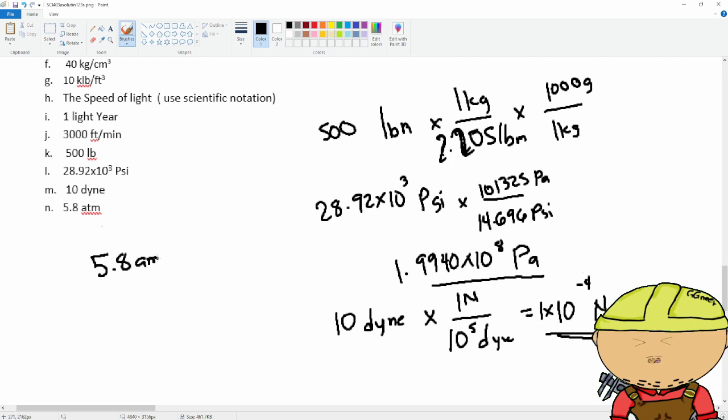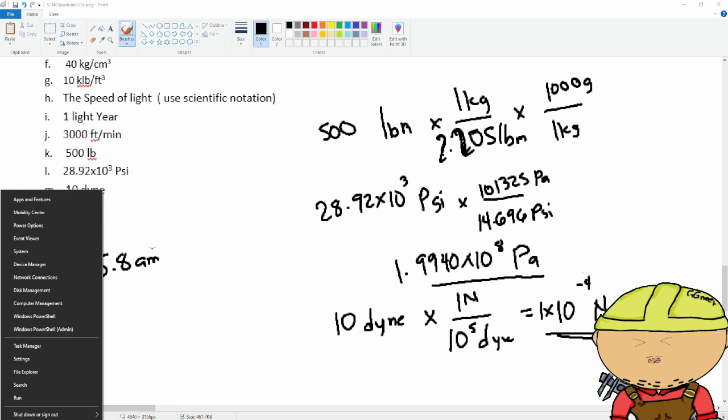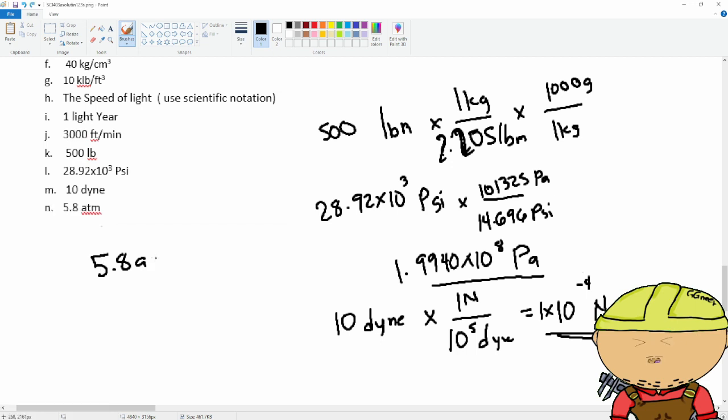5.8 ATM. In some books, I have read that they use PSI for English, but they mostly use ATM for English. ATM is the unit for pressure for English.